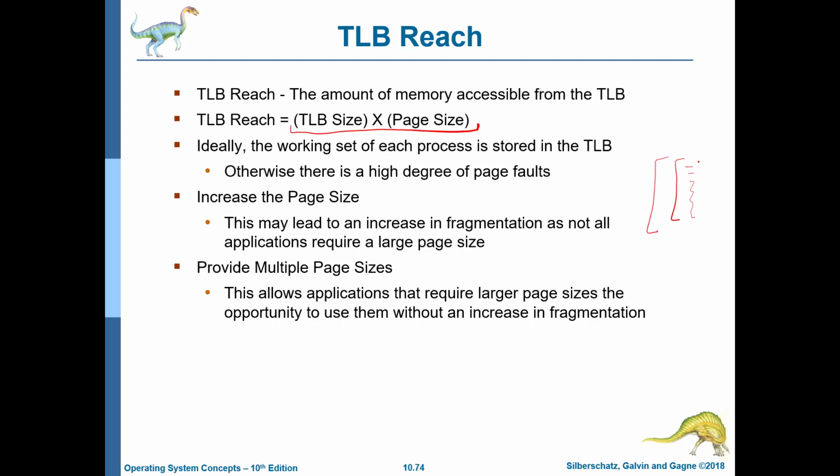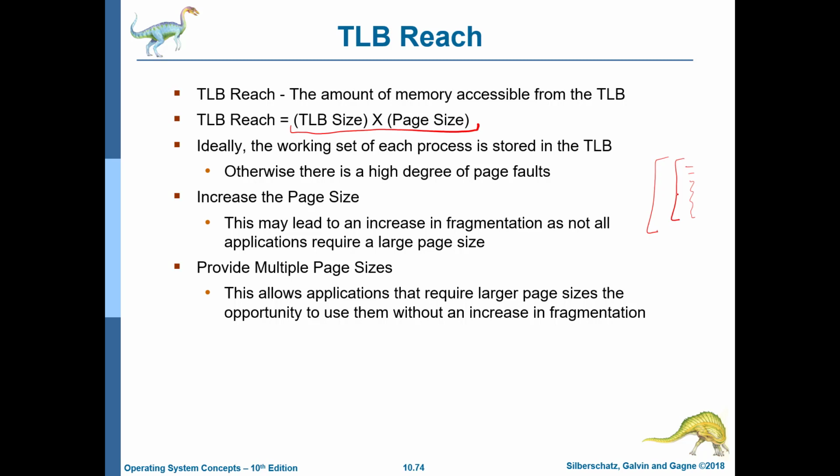Then it is guaranteed that we will have no TLB misses within this and all our translations will go through. Of course, there is a problem that if we can't predict this very well, there will be an increase in the amount of fragmentation, internal fragmentation particularly, and this will lead to a loss in performance. That's the reason we are provided with multiple page sizes.